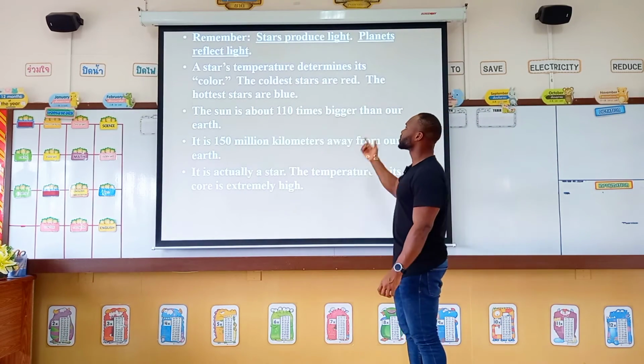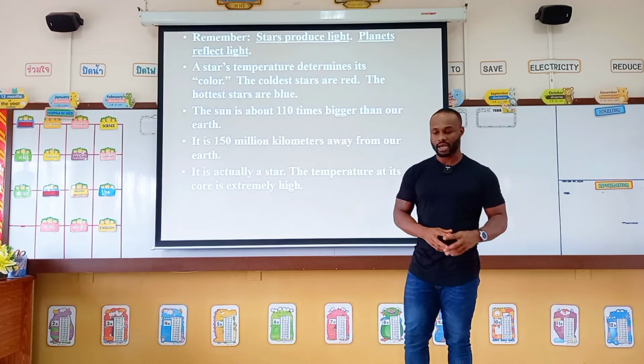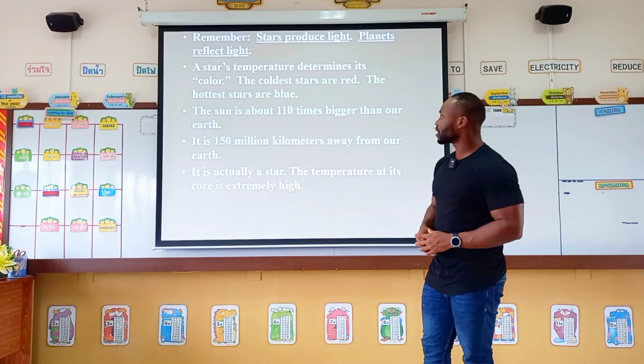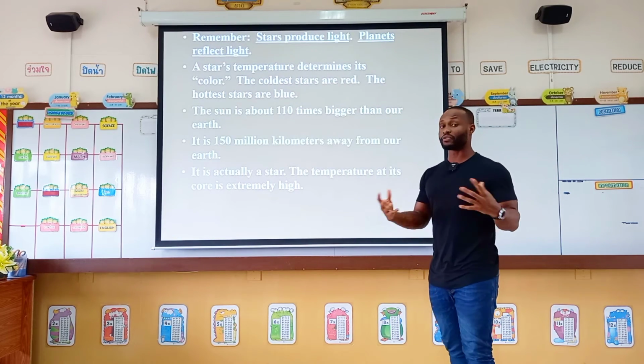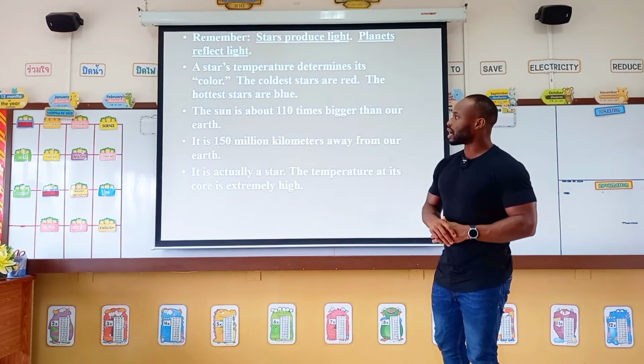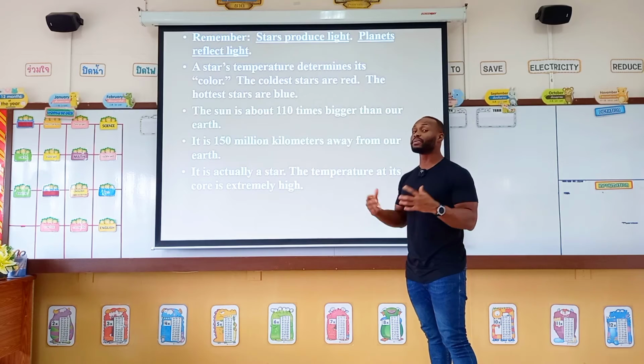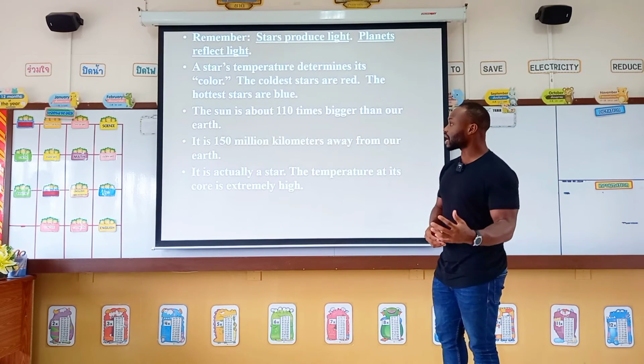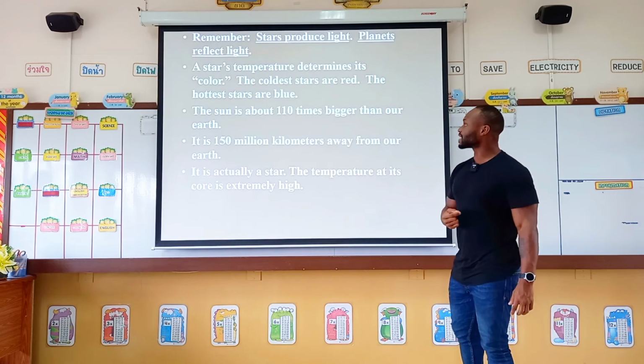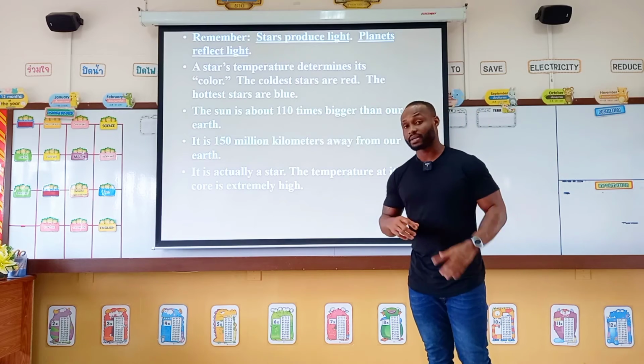Now, a star's temperature determines its color, okay? So for different temperatures, if it's cold, the stars will be red. And if it's hot, the star will be blue. All right, the sun is about 110 times bigger than our earth. That's a lot.